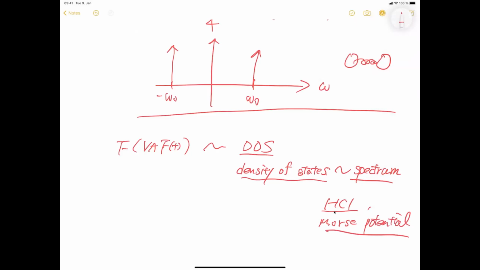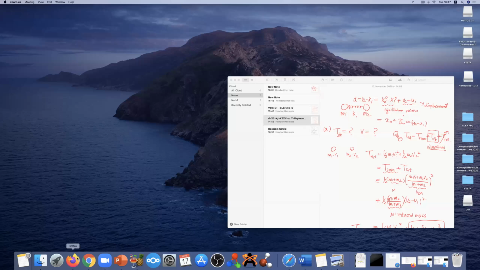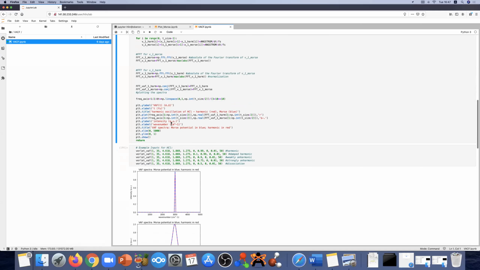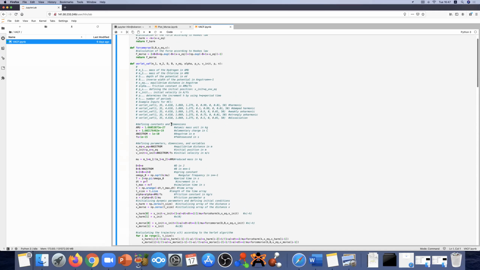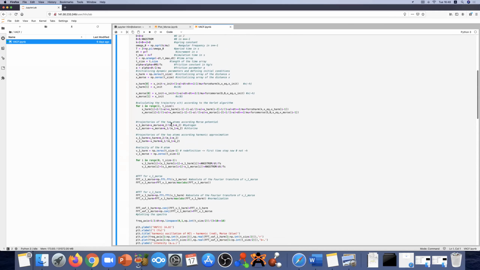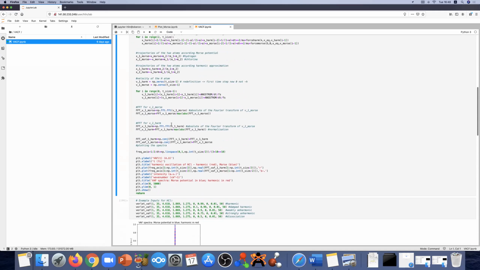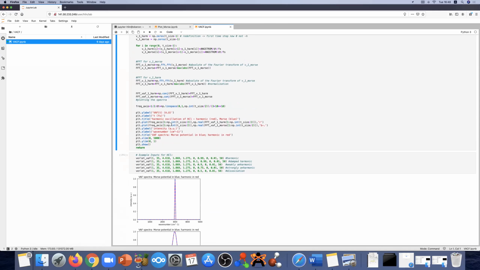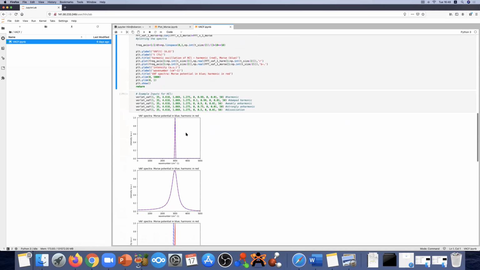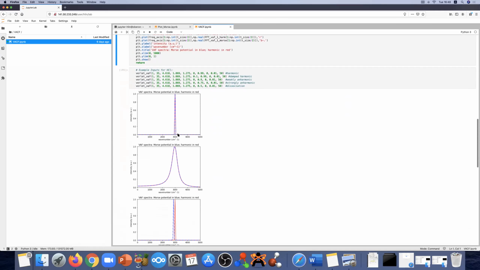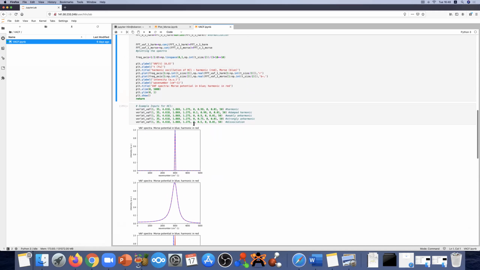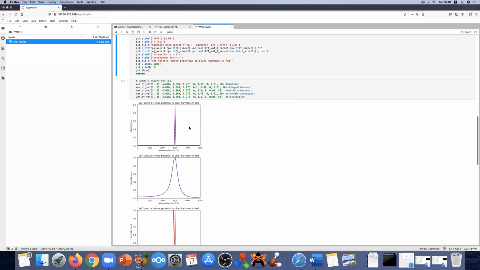So actually, let's have a look at some examples here. I will also provide you the code. I have already provided you the Python script for calculating the Fourier transform of the velocity autocorrelation function in the harmonic potential and also the Morse potential. And here we have several different cases.